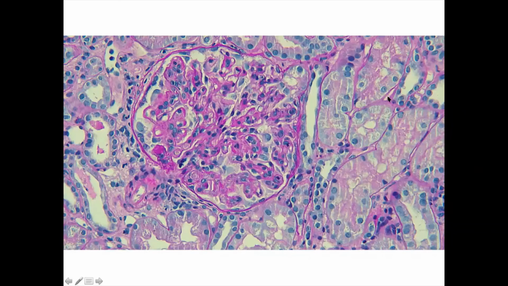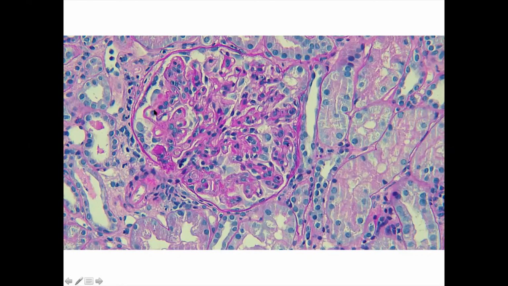All right, again, this is our PAS, and we have what is known as wire loops. Basically these complements, immune complexes, are deposited within the loops. It's not really thickening of the glomerular basement membrane as much as it is wire loops.